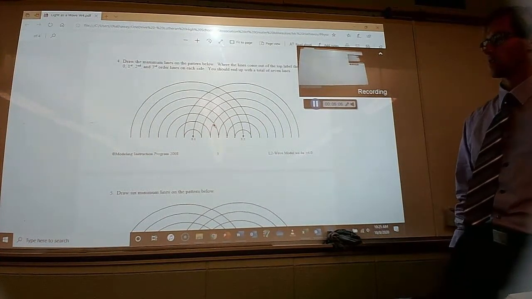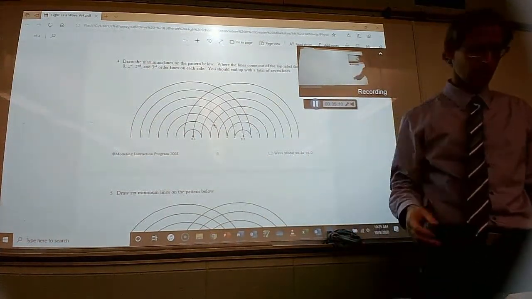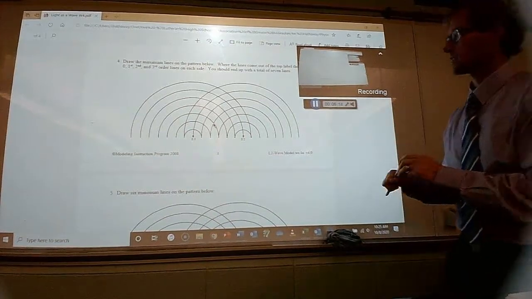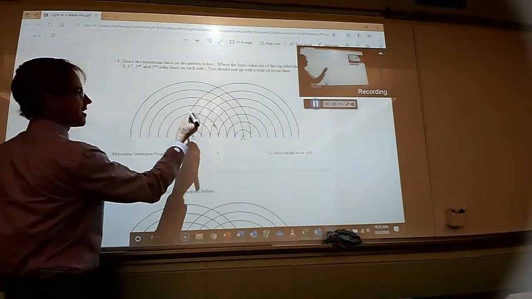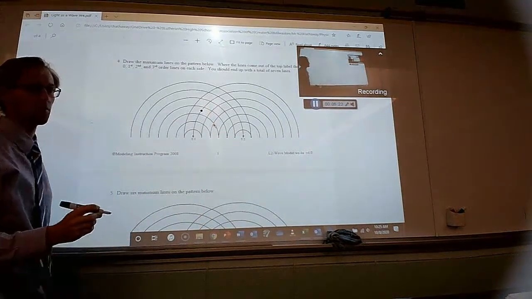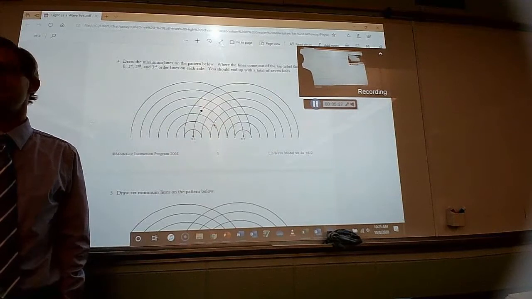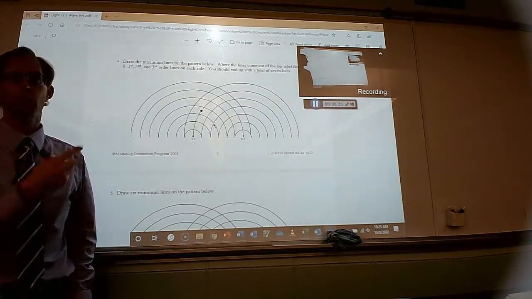I want to try and make sure that you're okay with these types of diagrams and different locations on them. So, let's say that I ask you if this spot right here is constructive or destructive interference. Okay, so this one's going to be destructive.